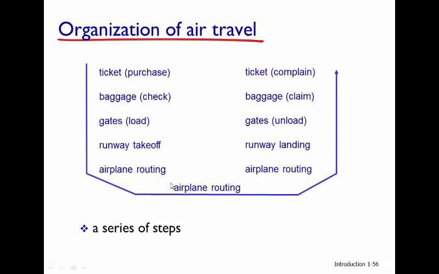So you don't care about this. It's a physical routing. And then when you arrive at the destination, this is your departure. This is arrival. So this is depart. It's arrive.